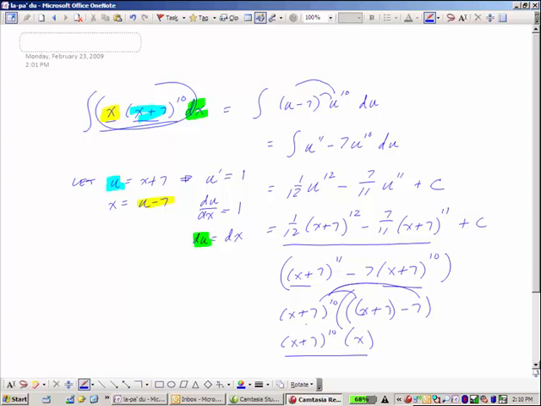What do you get when you have x plus 7 to the 10th times x plus 7? X plus 7? Okay. Minus x plus 7 to the 10th times 7, minus 7 times x plus 7 to the 10th. Okay? So I factored it out going this way. If you distribute it back in, you can see how it works. Is that all right? Yeah.